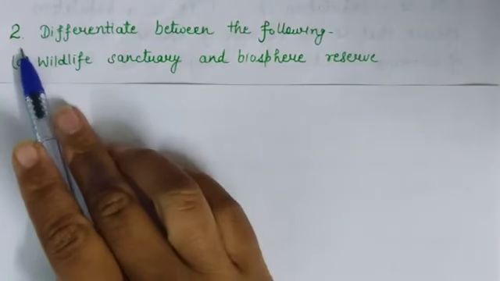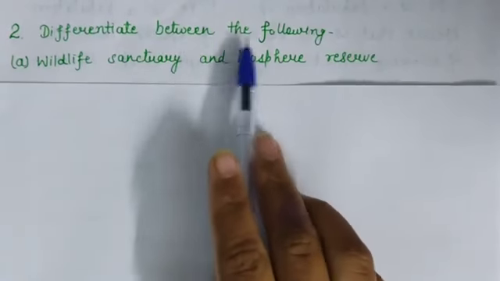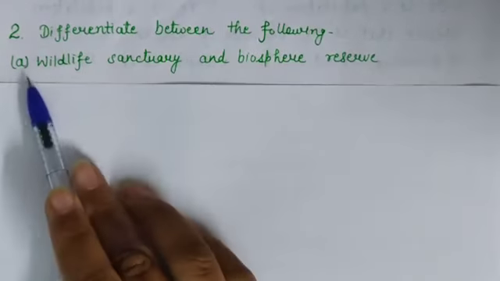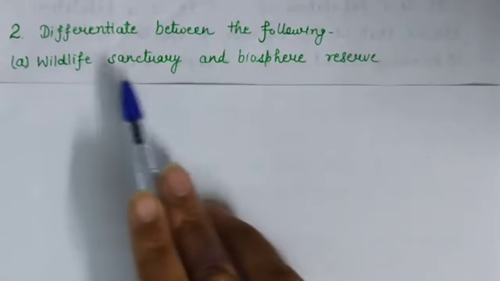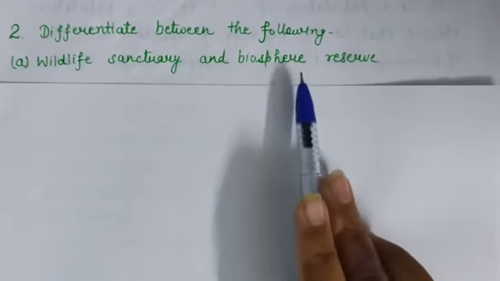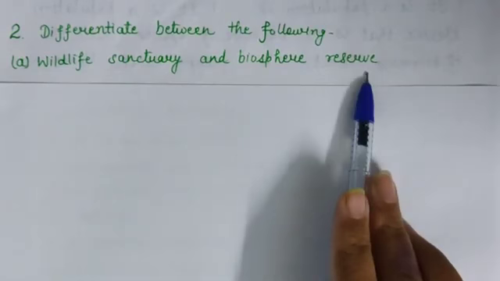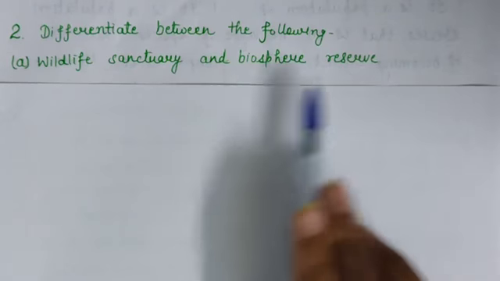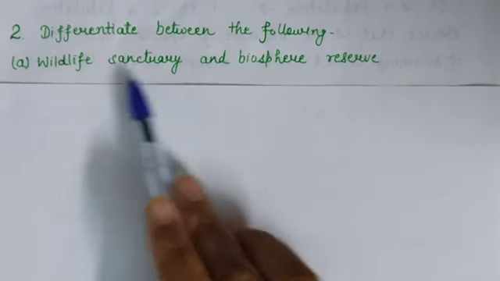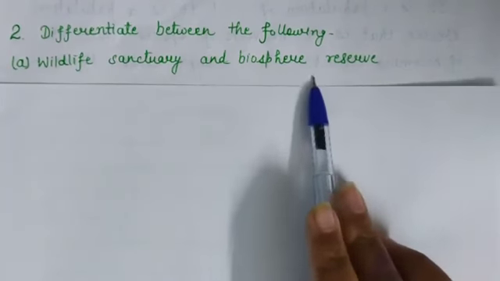Now, question number 2 is differentiate between the following. A part is wildlife sanctuary and biosphere reserve. Means you have to write the difference between wildlife sanctuary and biosphere reserve.